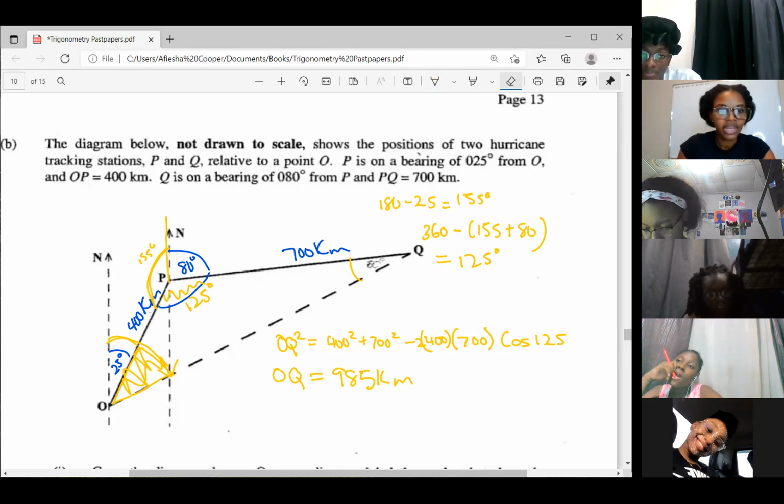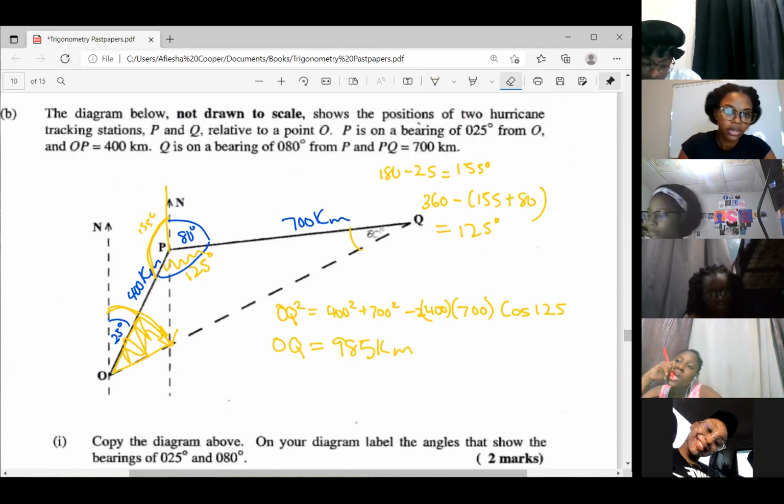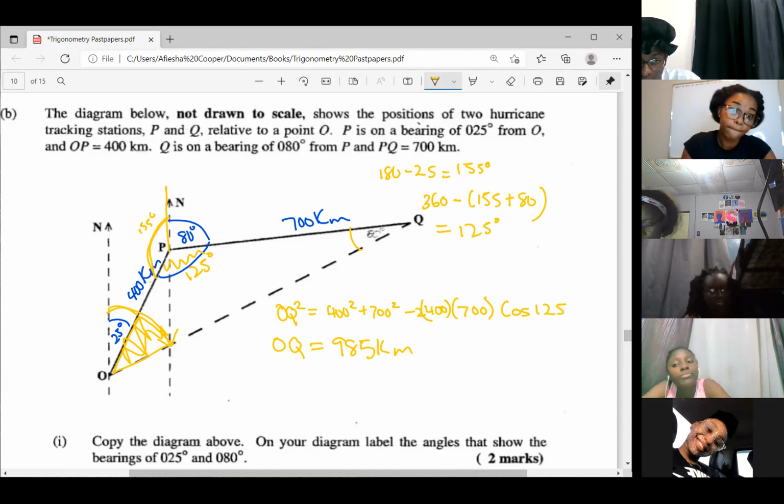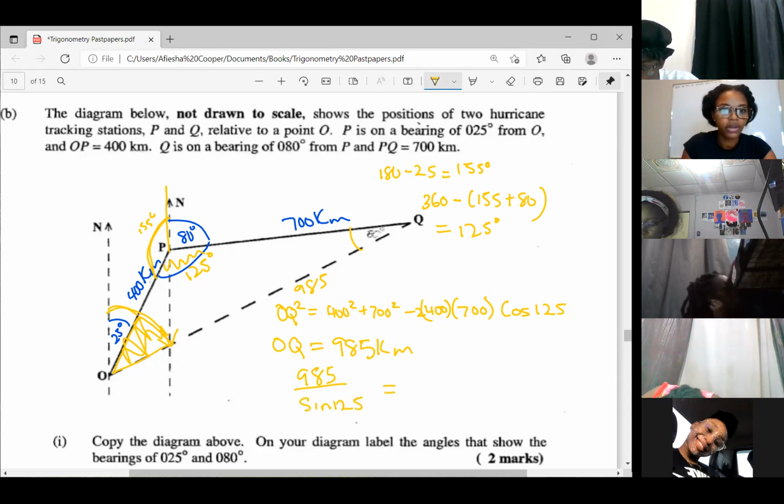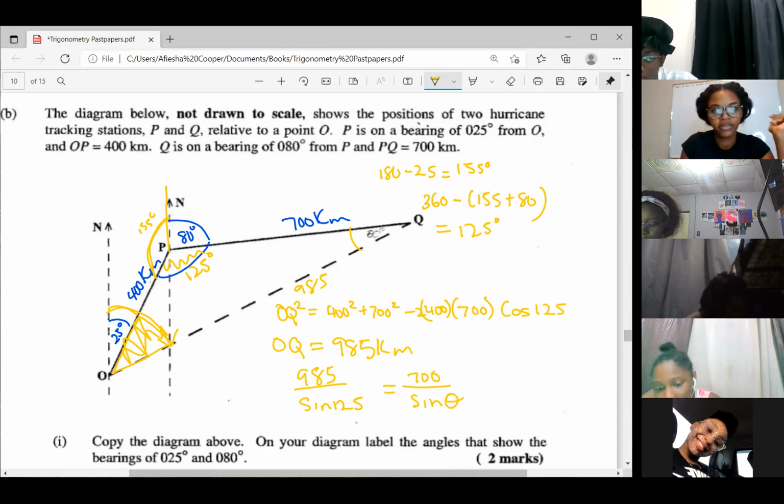So we're using sine rule. So that will be, what's the pair that we have together? We have 985. So 985 over sine 125 is equal to what? 700 over sine theta. Nice.